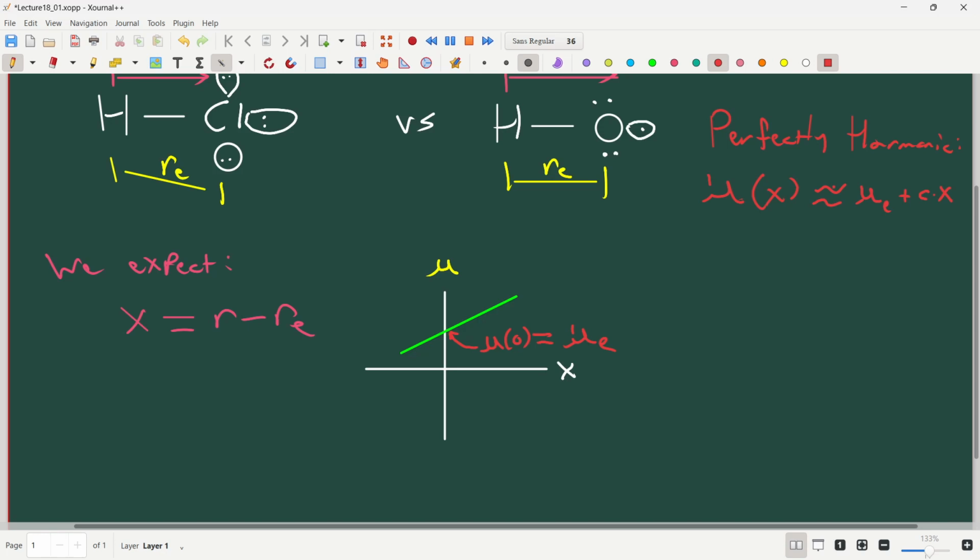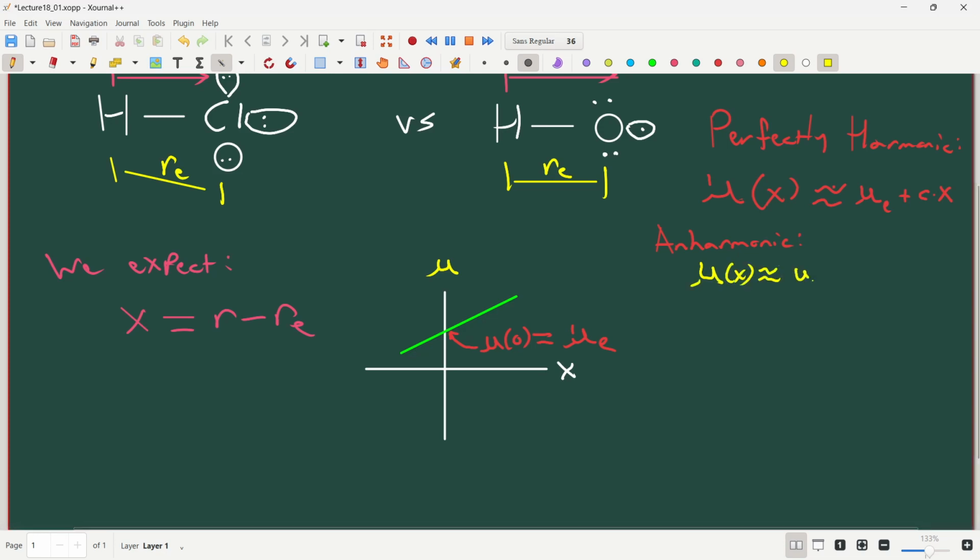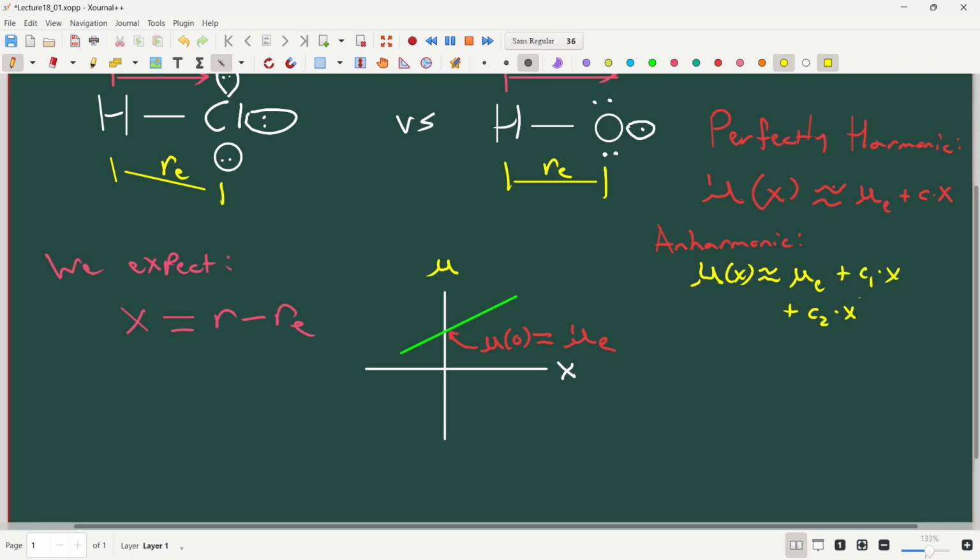So for something that's anharmonic, something that has an anharmonic electronic structure, an anharmonic dipole, then mu of x will not be linear, but it might have some other components that are nonlinear as well.